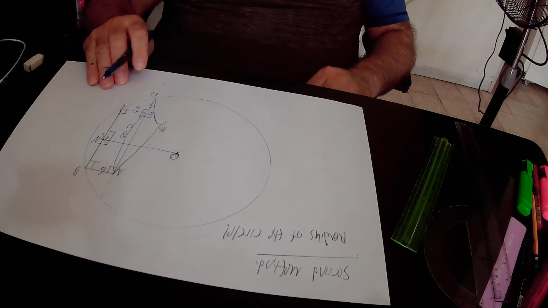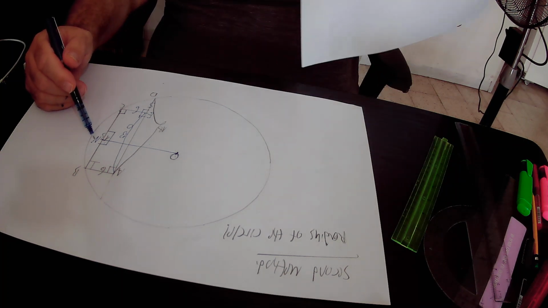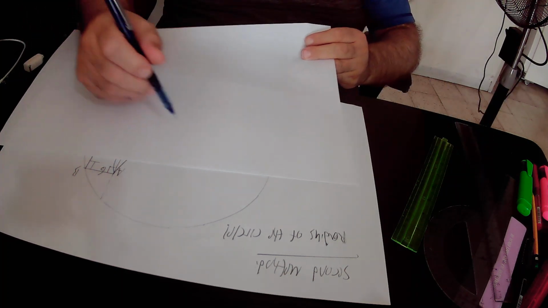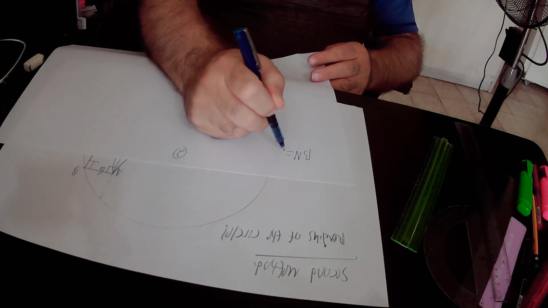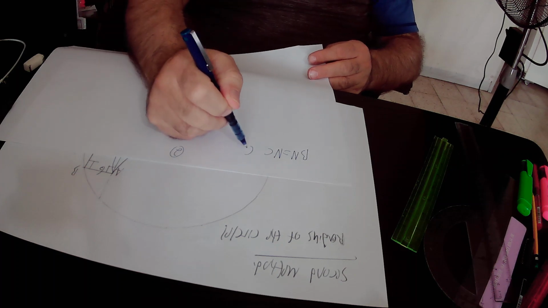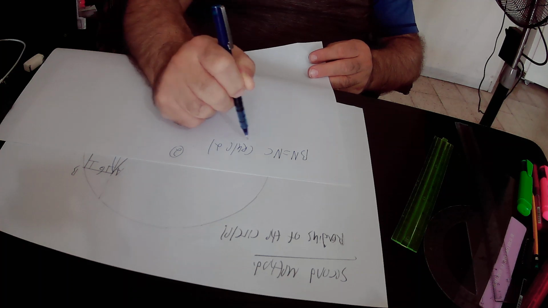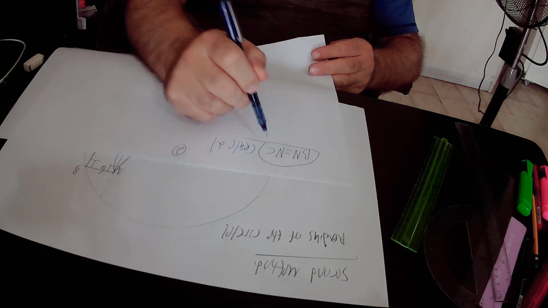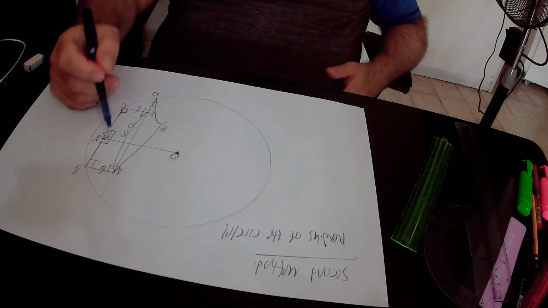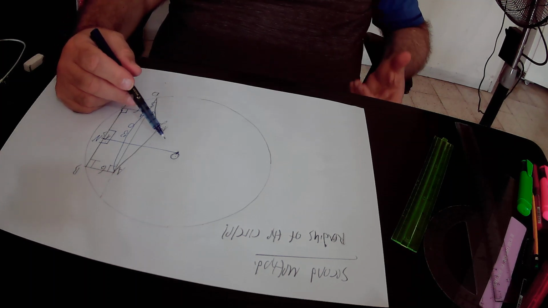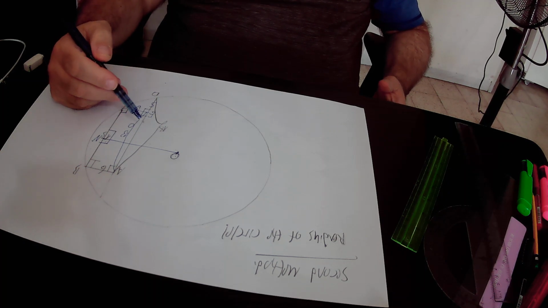I write it down: BN equals NC, according to the new rule, rule number 2. We will define the touching point of the perpendicular from point O and AE as M.